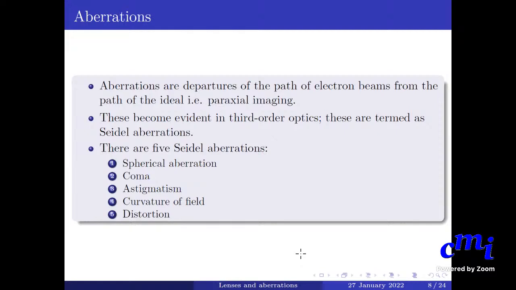These are called Seidel aberrations, and there are 5 types, which can seriously affect the image quality. Some of these can be corrected with processing, and some of these have to be corrected at the image taking level. So there are 5 of these. We'll look at each of these in quick succession.